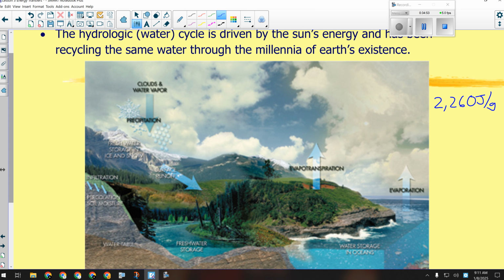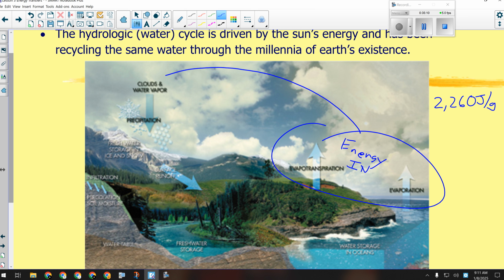So evaporation and transpiration are energy in. There's going to be transport, wind usually.